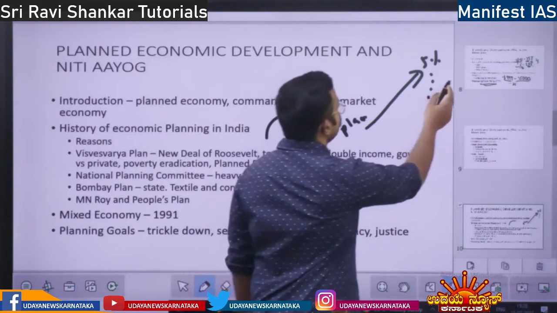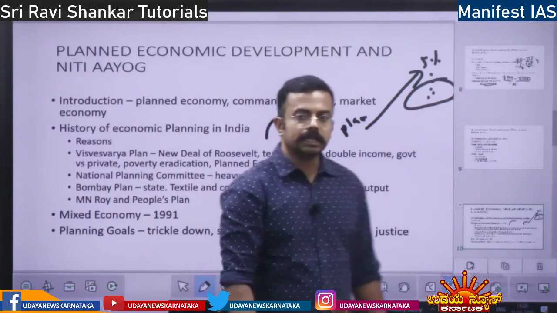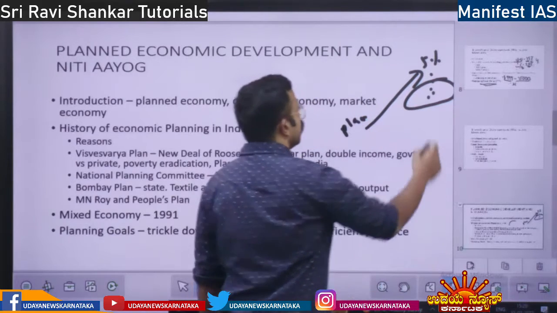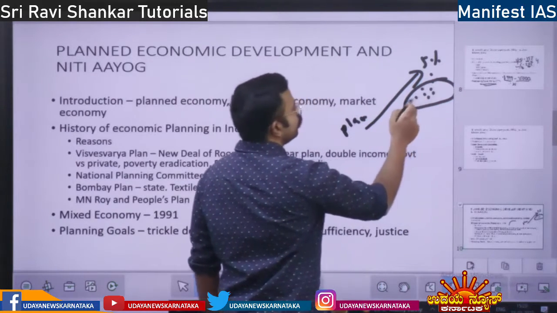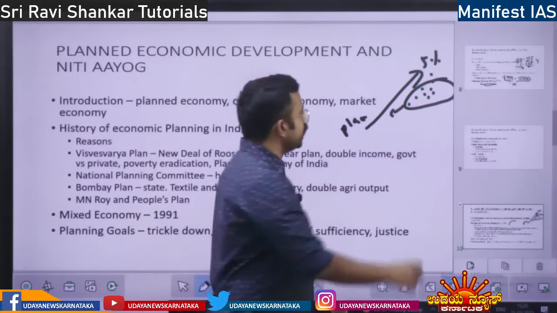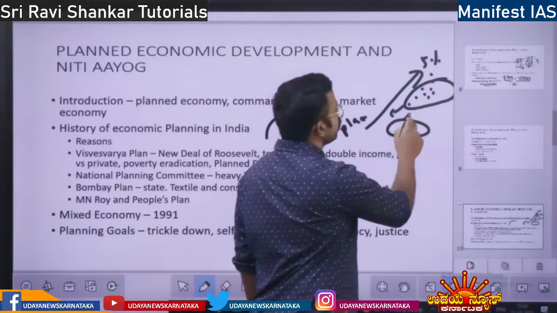initially some sectors, some people will grow. Initially there will be few people who will grow. Later on, when they grow, they will spend a lot in the economy. When they spend a lot, the lower section will give them service.